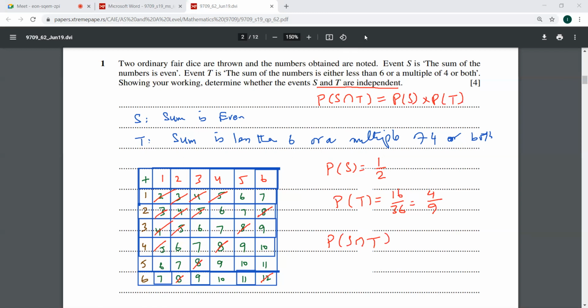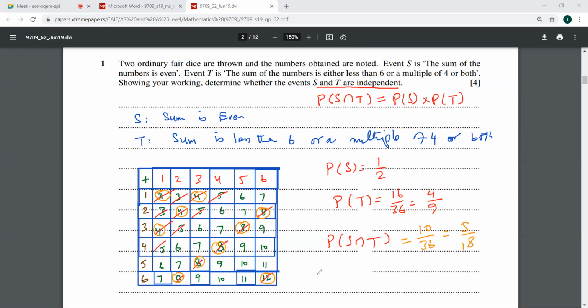Let's see how many have both properties: 1, 2, 3, 4, 5, 6, 7, 8, 9, and this is 10. So 10 of these are both S and T, 10 over 36, that is 5 over 18.